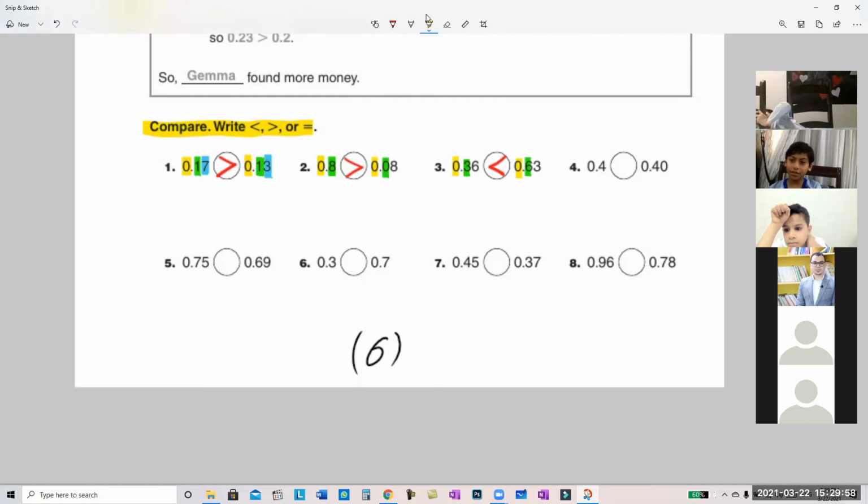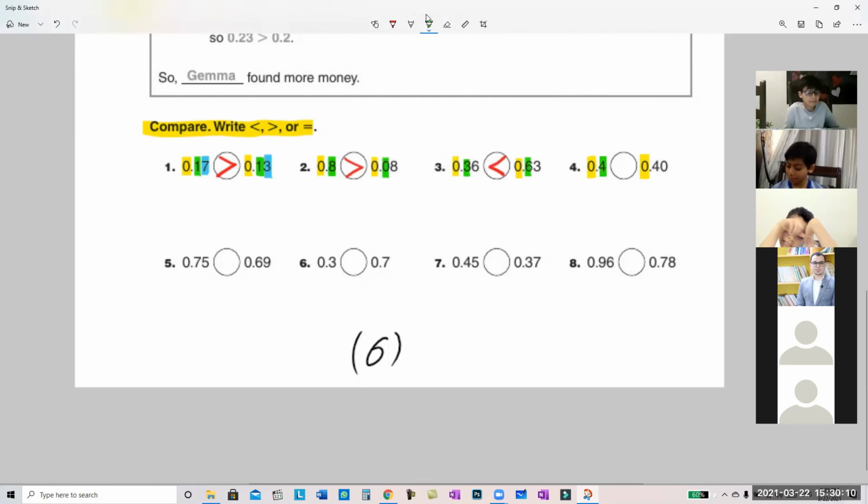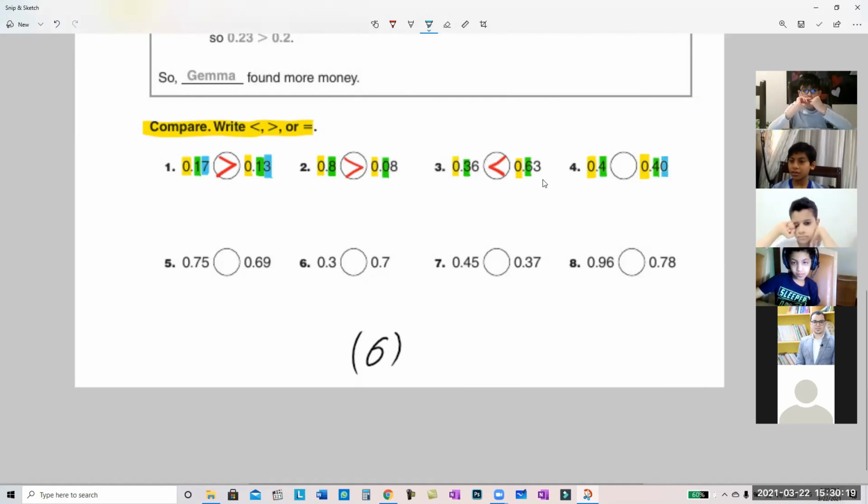Okay, now you have to pay attention to this because it's a little bit tricky, okay? So we have here 0 and we have here 0, right? And we have here 4 and we have here 4, right? They are equal. So let's move to the next place. The next place here we have 0 and we have nothing here, right? But 0 is nothing, right?